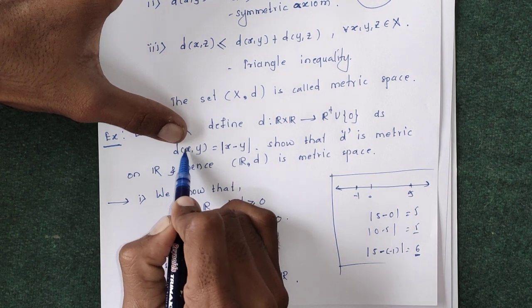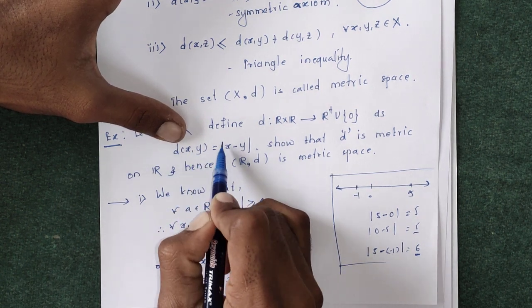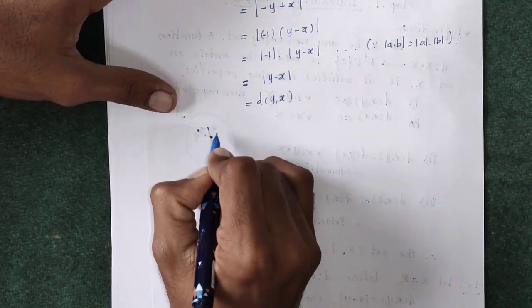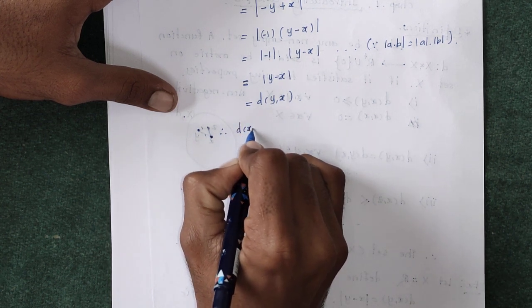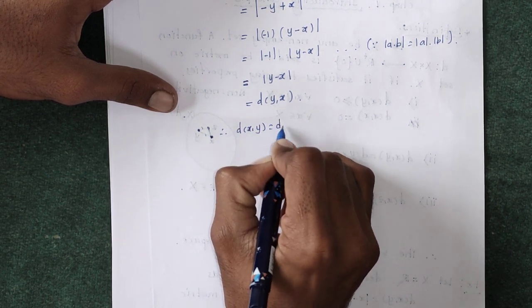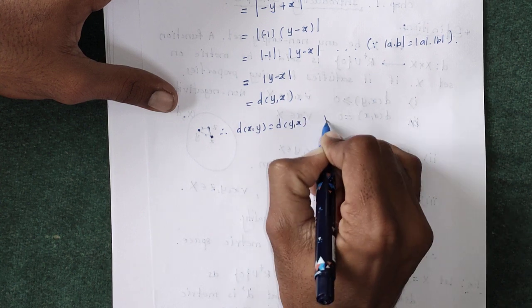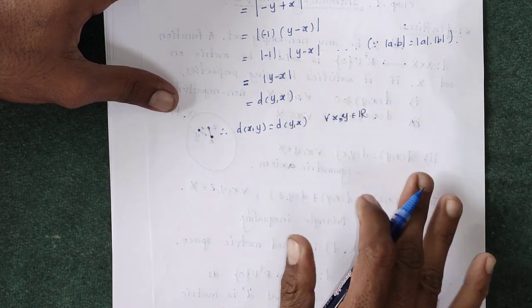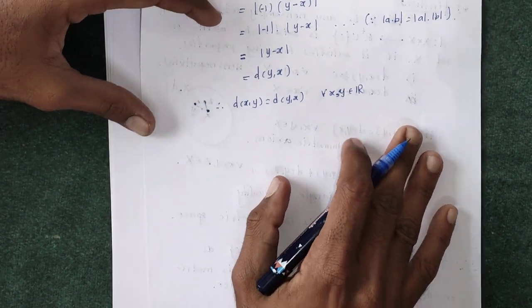Distance of xy is defined as mod x minus y, so mod y minus x will become distance between y and x. So therefore we get distance of xy is equal to distance between y and x for all x, y belongs to R. Hence the symmetric axiom is satisfied.